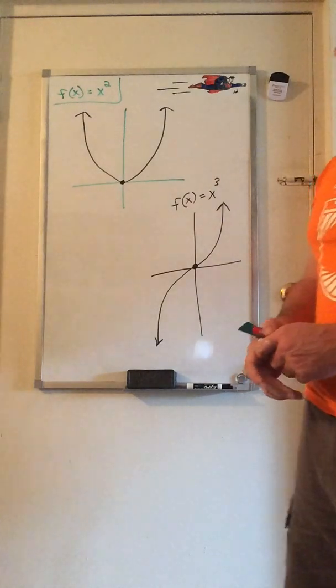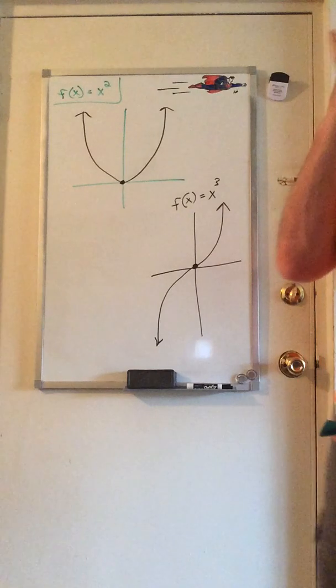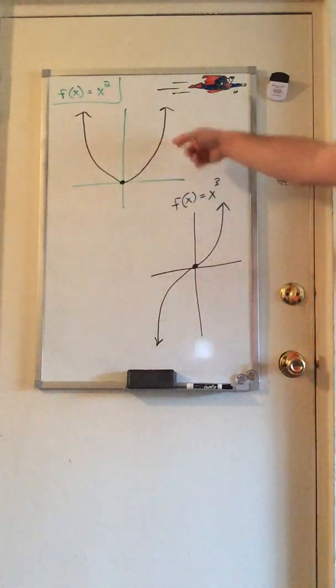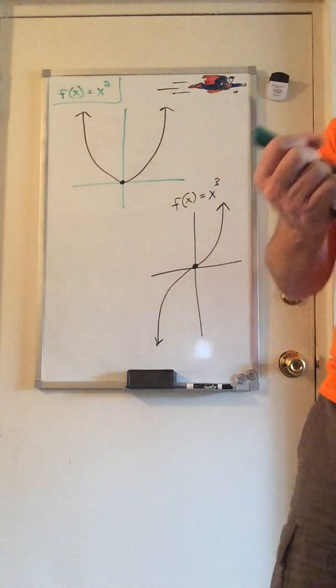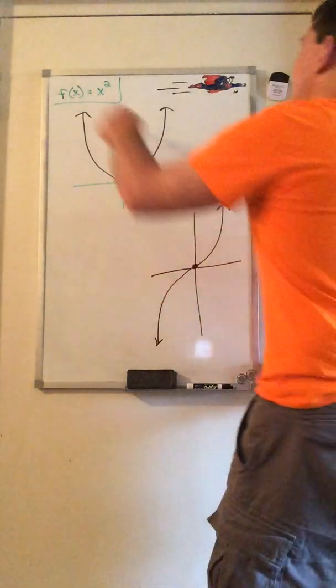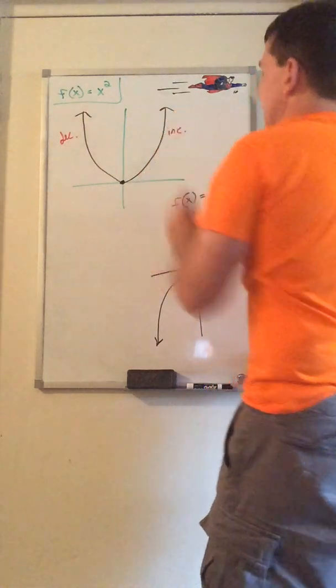But is there a way to use our understanding of calculus now to be able to say, well, this goes down and goes up, this goes up and then goes up. In calculus speak, and even in math speak, this going down means it's decreasing, and then it's increasing.